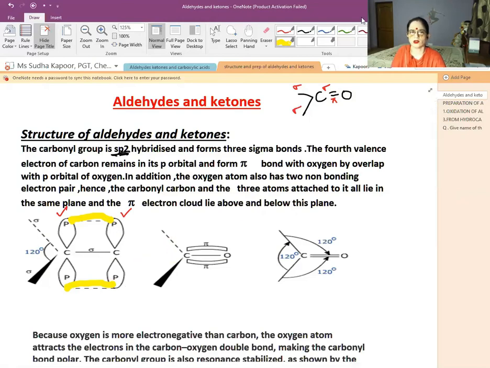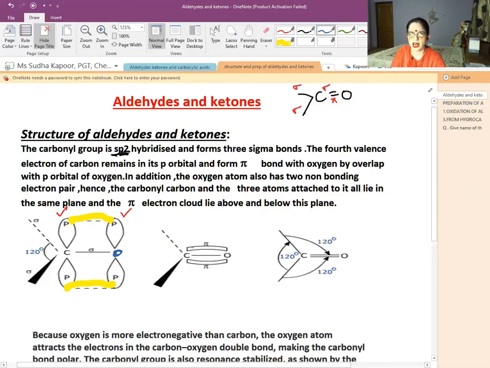In addition, the oxygen atom also has 2 non-bonding electrons. So the carbon and oxygen have a sigma bond, as well as a pi bond.